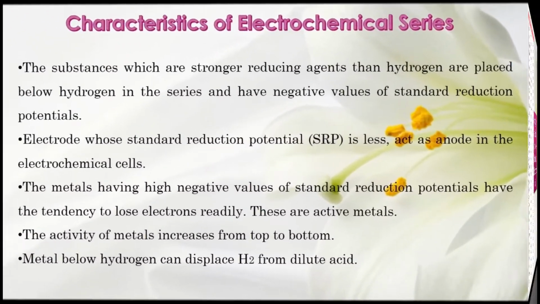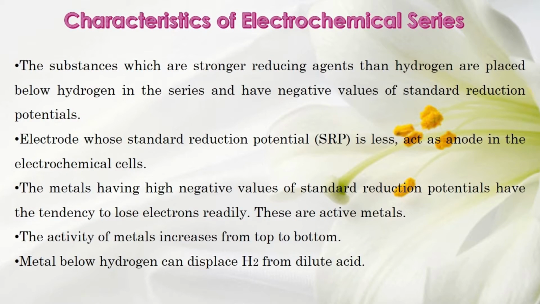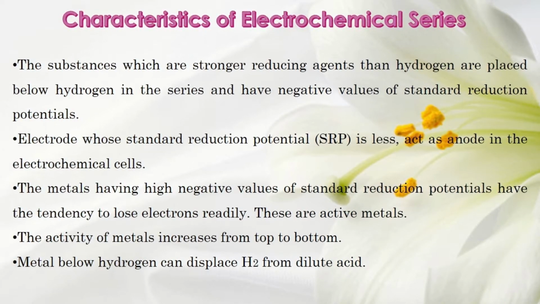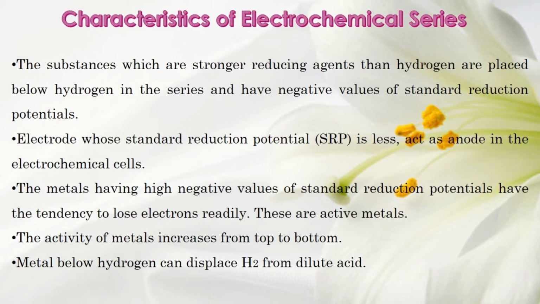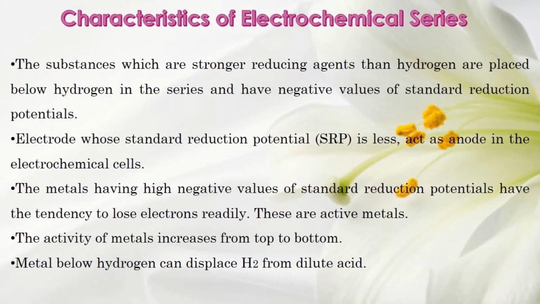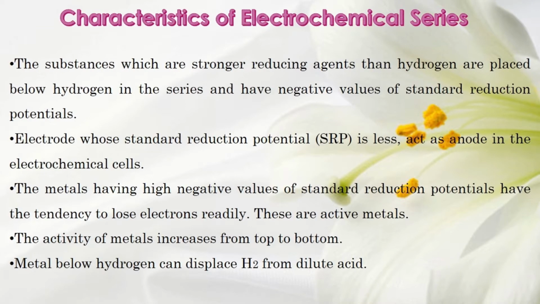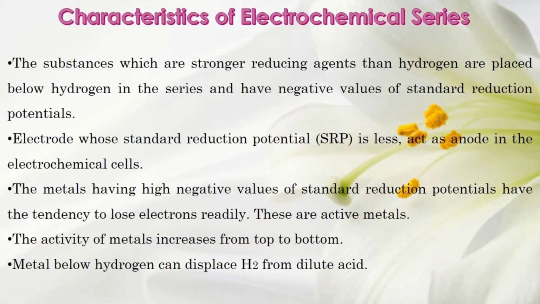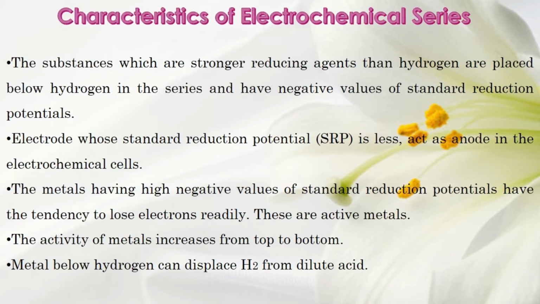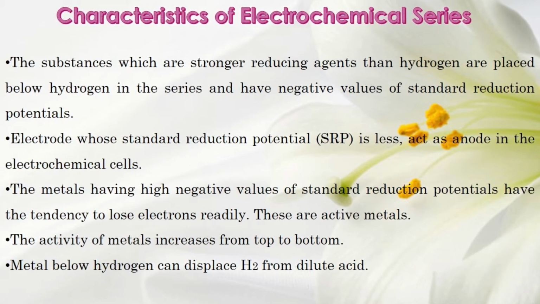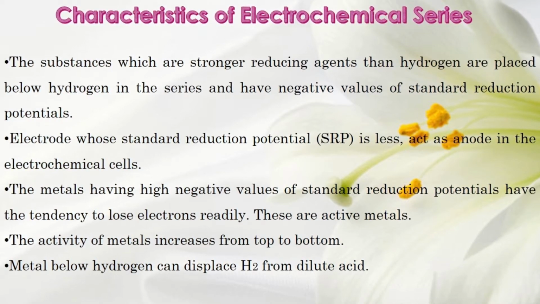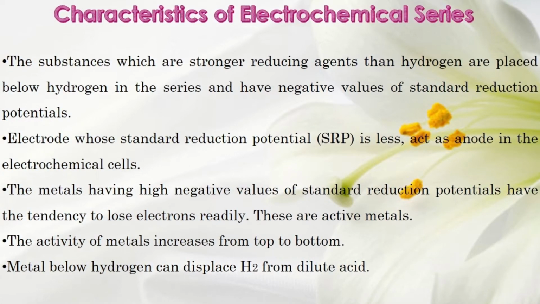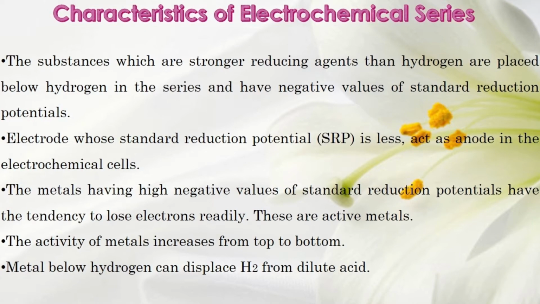Now let us learn the characteristics of the electrochemical series. The substances which are stronger reducing agents than hydrogen will be placed below hydrogen in the electrochemical series, and they will have negative standard reduction potentials. The electrodes which have negative standard reduction potential will act as anode in the electrochemical cells.